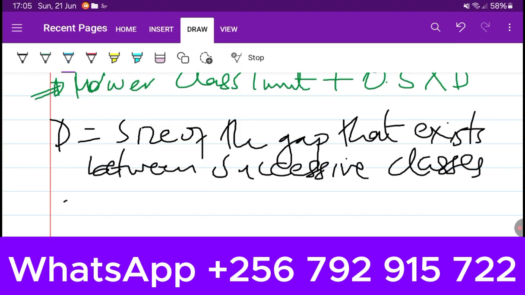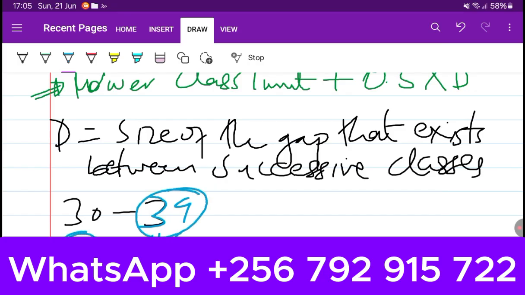So that's what I told you: if it is 30 to 39, then 40 to 49, you get the difference between this and this. You'll find it is a 1. We multiply 0.5 times that difference, which is a 1. It becomes a 0.5. We add it to those two.